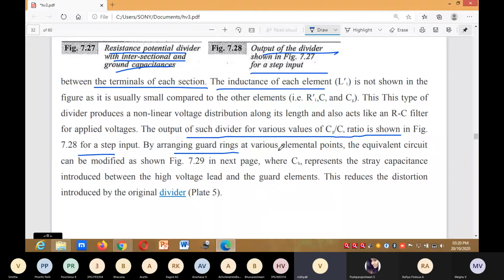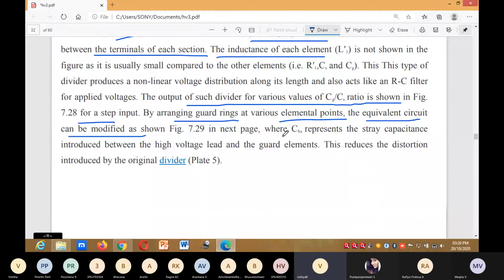With guard rings at various elemental points, the equivalent circuit can be modified. On the next page, Ch represents the stray capacitance introduced between the high voltage lead and the guard elements. This will reduce the distortion introduced by the original divider.